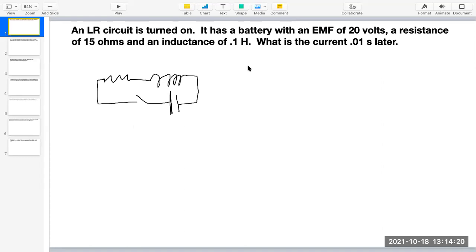So this is going to call for the equation with the increasing current, sort of the analog of the capacitor charging current. Our battery voltage divided by our resistance, times 1 minus e to the minus t divided by our time constant. So we've got resistance over our inductance.